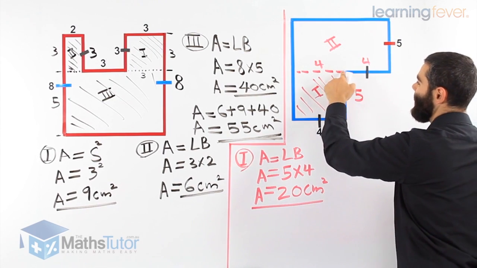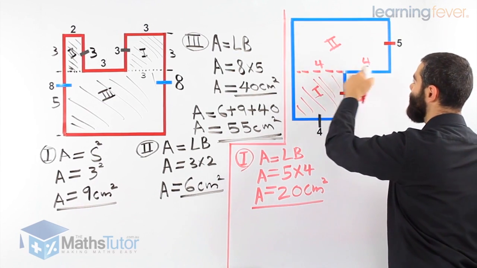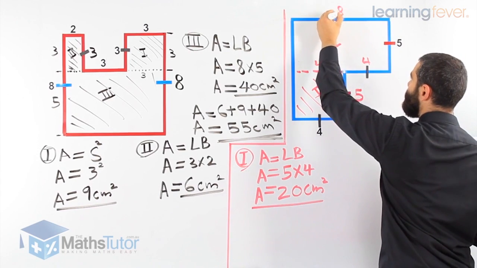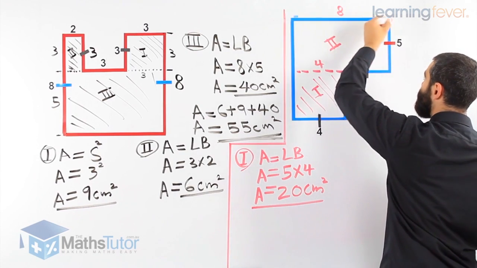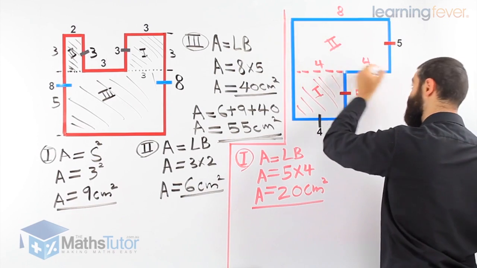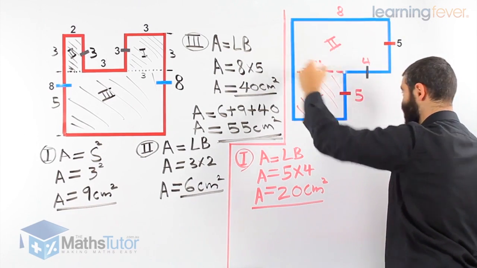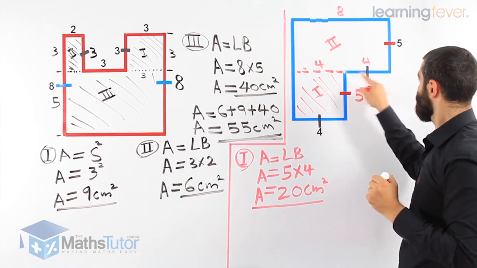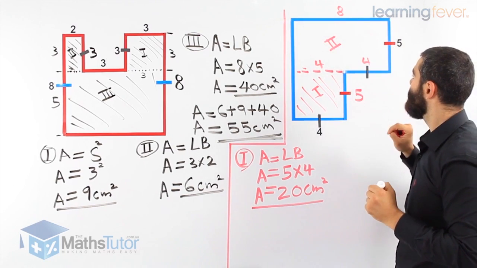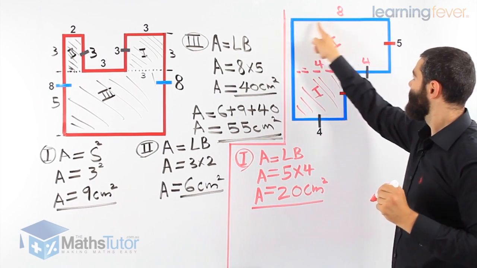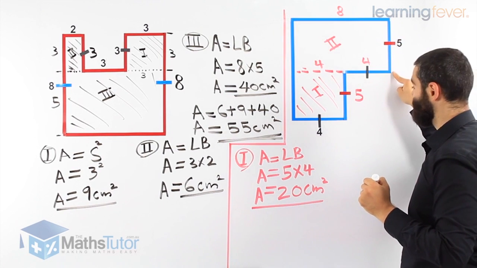So 4 here and 4 there make a total of 8. So the total length is 8 here. 4 and 4 make 8. 8 and 8 are the opposite sides of a rectangle. So 8 is the length and the breadth is 5.